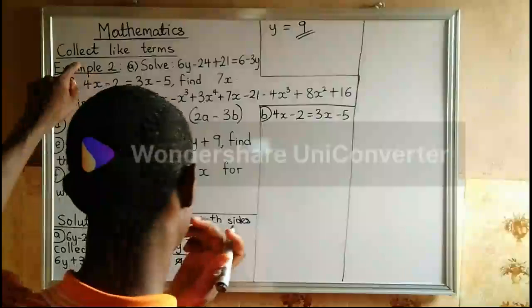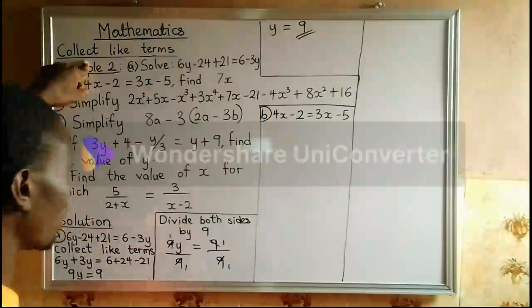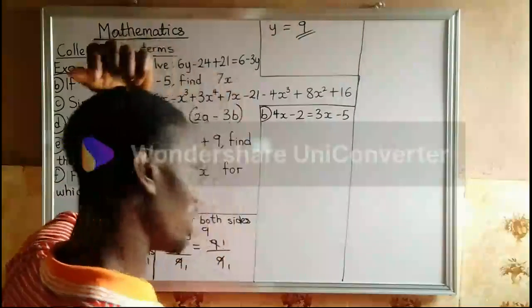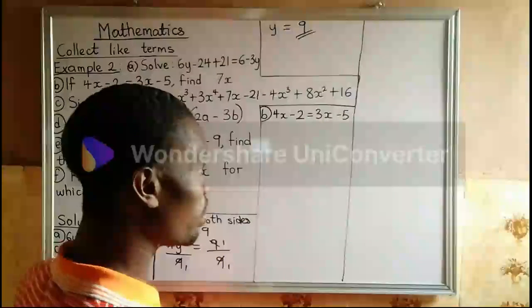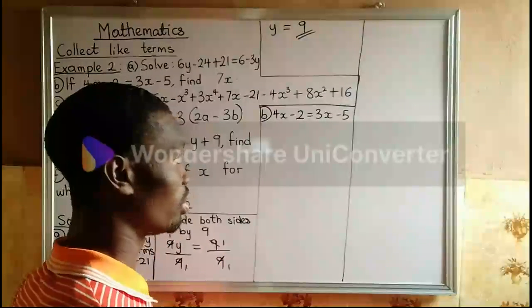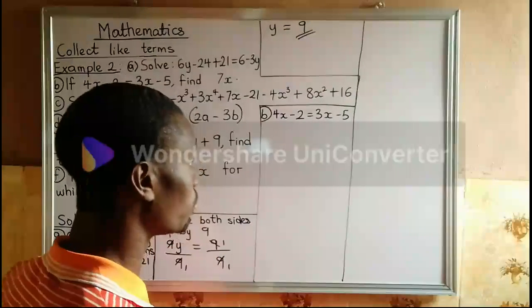So remember, we are treating the principle of collecting like terms, but before then, could we divide both sides by anything here? No. Why can't we?